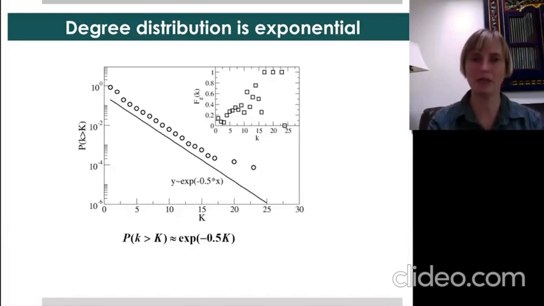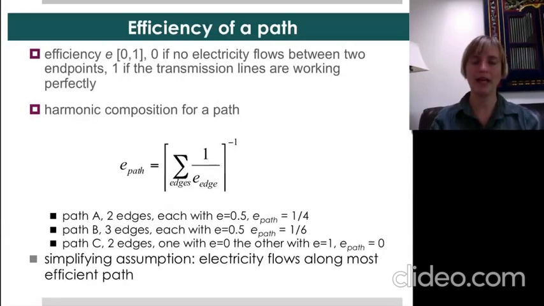So we have an exponential network, and now we need to know where is the electricity flowing. So it's not just that it flows through all paths. So we're going to see which paths it is really flowing through depending on their capacity.